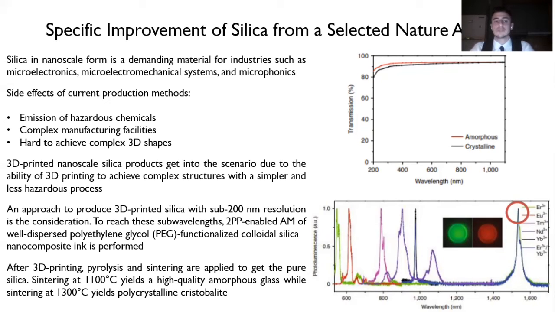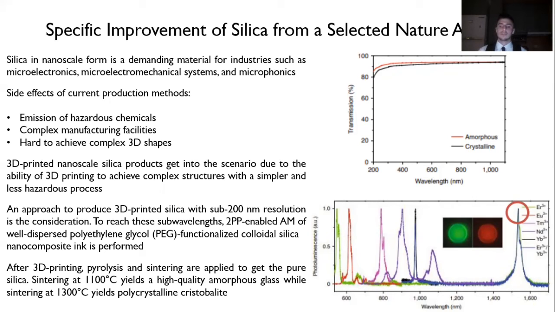Sintering at 1100 Celsius yields a high-quality amorphous glass, while sintering at 1300 Celsius yields a polycrystalline form. So in the figure above, we see the UV and visible transmission spectra of the two types of final forms, an amorphous glass and crystalline, measured on thick films of them with a thickness of 2 micrometers.